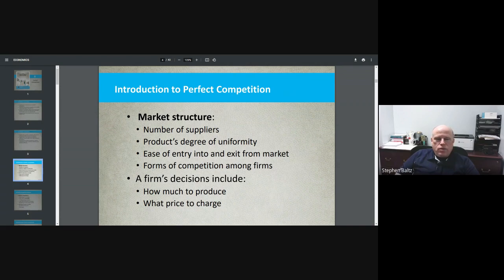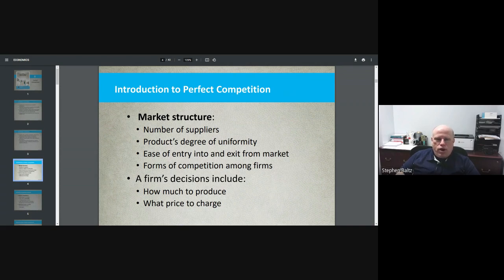If you have so many suppliers that no individual supplier has any control over the price, then that creates the perfect competition type of market structure. So the number of suppliers is one feature that determines market structure.